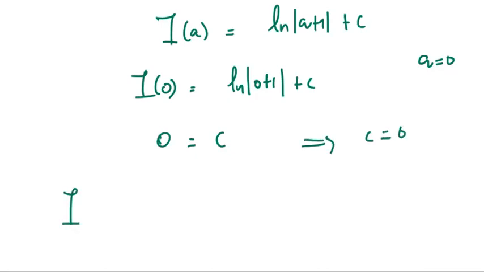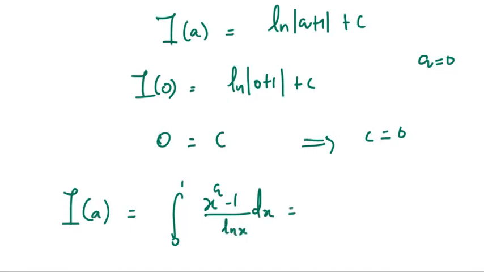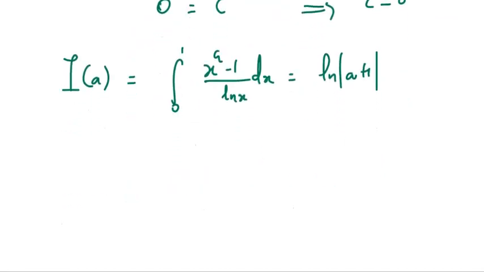Therefore, I(a), which is equal to the integral from 0 to 1 of (x^a - 1) divided by the ln of x dx, is equal to the ln of a+1. Just simple like that. I think we're done, right? So we just need to let a equals 2024 and boom, we have our solution.